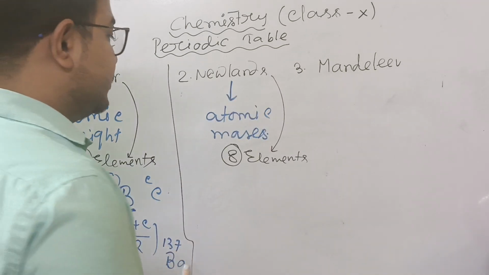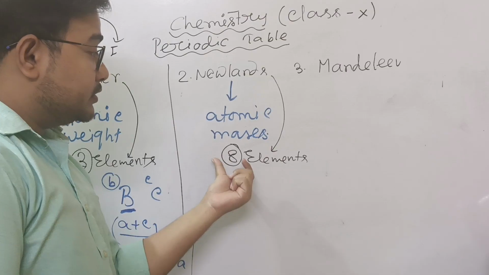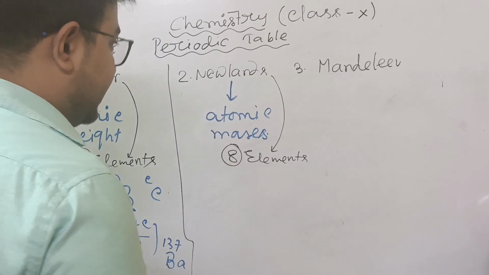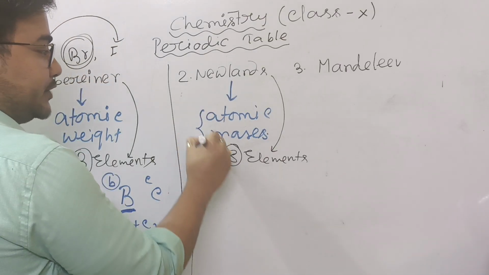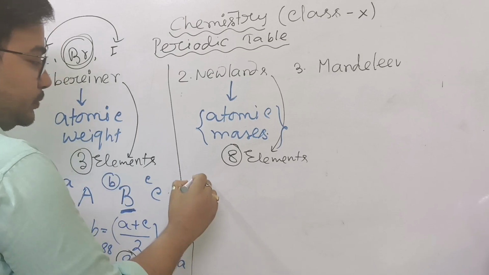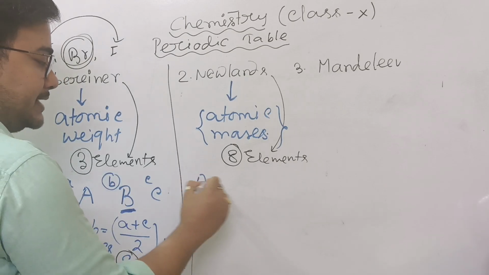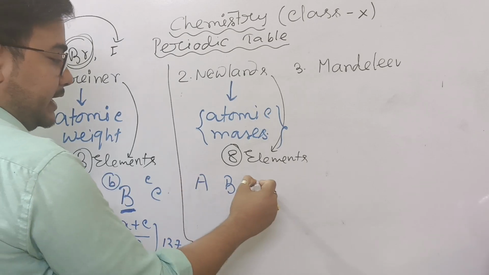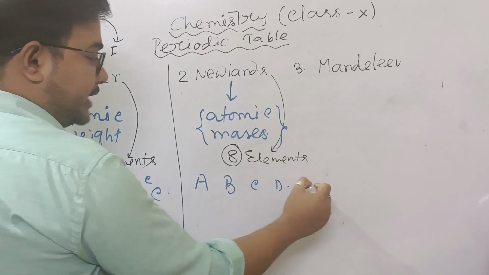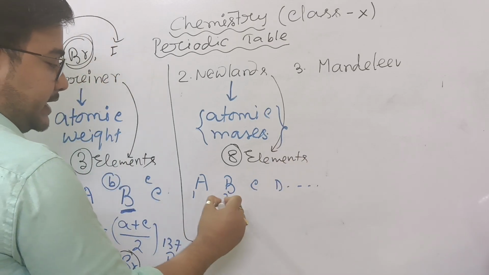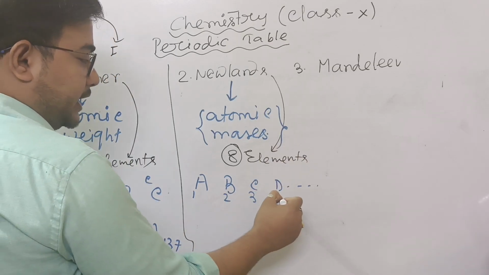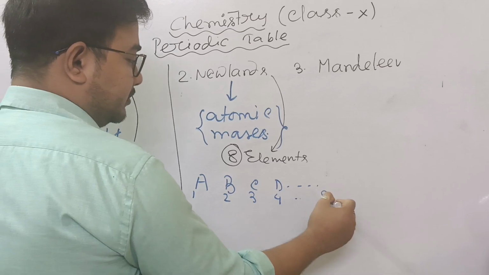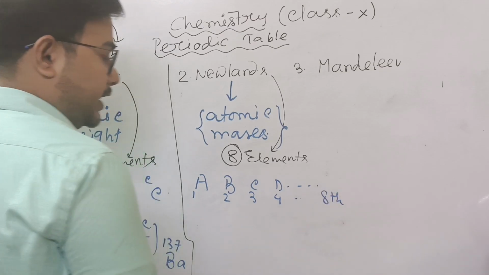What is the Newlands octave rule? Since it is an octave rule, this is related to 8 elements. Try to understand, this is related to atomic masses. So if we arrange the 8 elements A, B, C, D and so on, it is first element, second element, third element, fourth element up to the 8th element.